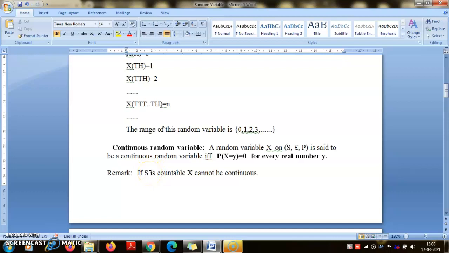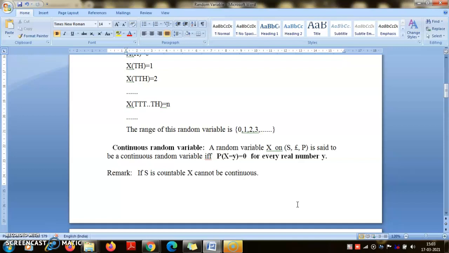But we will see that when S is uncountable, this can happen. It can happen that probability X equal to y is 0 for every y, but probability X between two numbers a and b has a positive probability. Anyway, that we will see in the next slide.